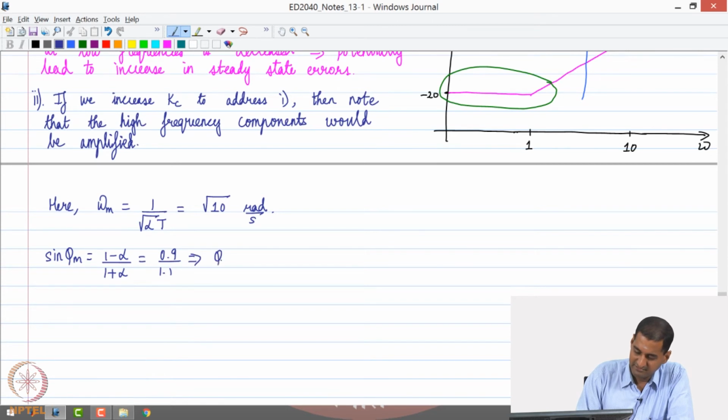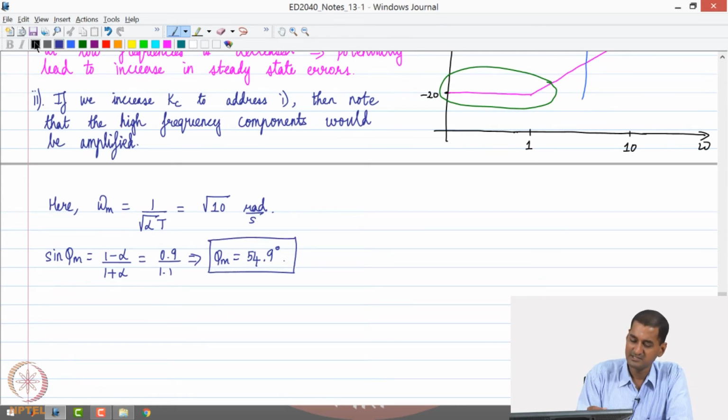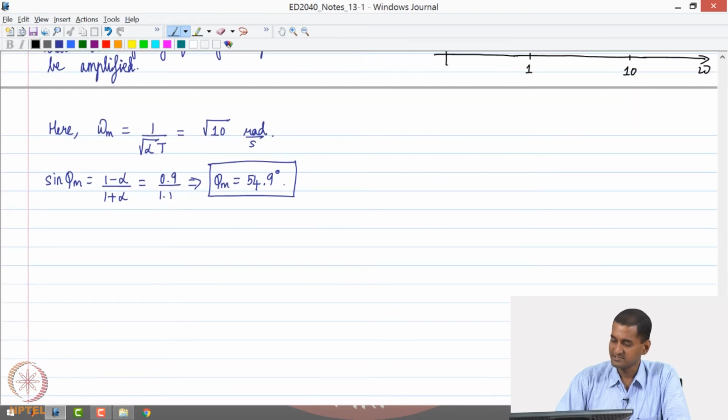This implies that phi m is around 54.9 degrees. That is the maximum phase added by this particular lead compensator, in the example that we considered.